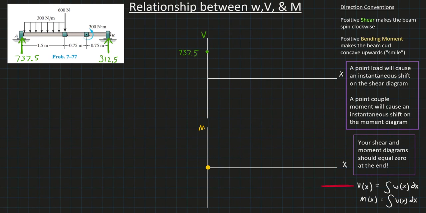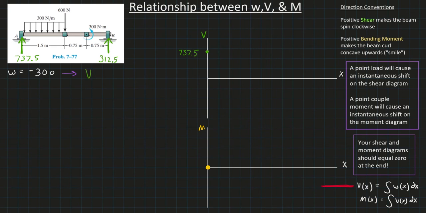Now to get into the good stuff. Let's make my W equation. Well, my W equation to start off with is this right here. So my W is equal to a constant 300, and I just got to remember that this is going to be negative because these forces are acting downwards.